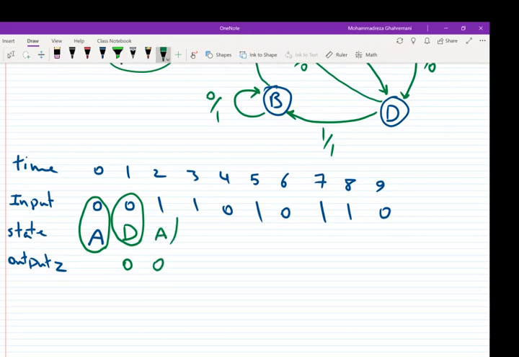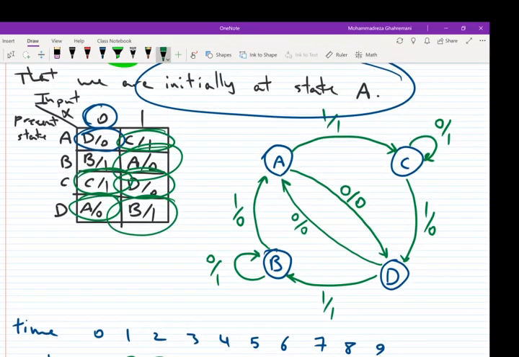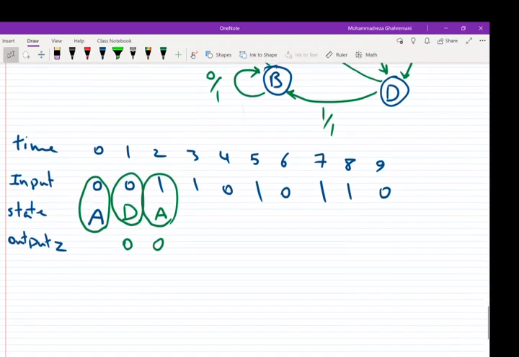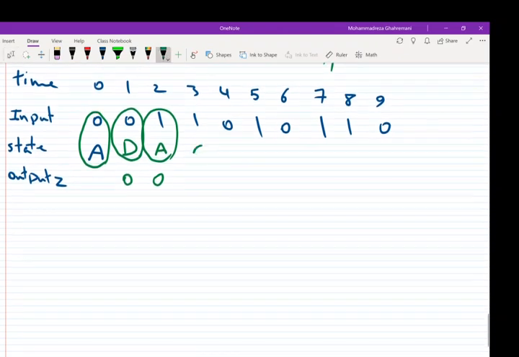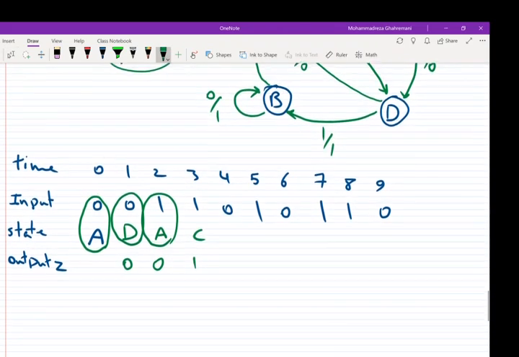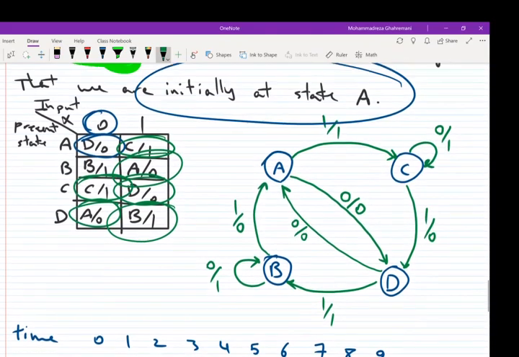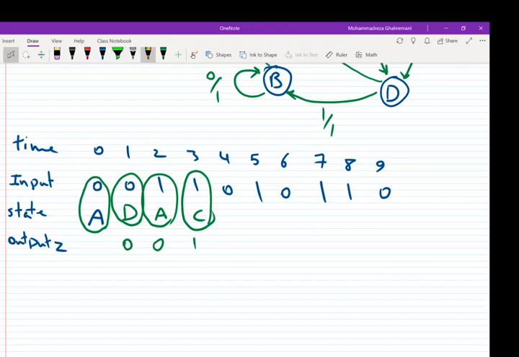We are in state A, input is 1. So we will have this transition. The state changes to C and the output will be 1. The system is in state C and the input is 1. The state changes to D and the output is 0.